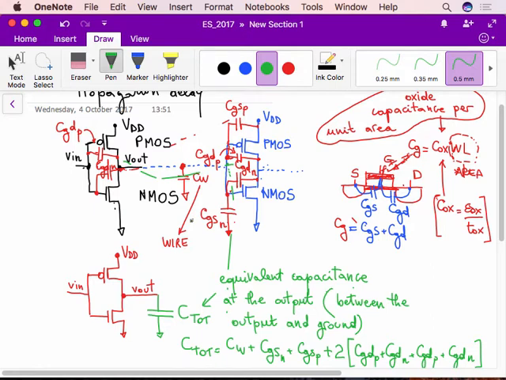Okay, now we just take this quantity as an equivalent capacitance, and then let's try to compute the propagation delay.